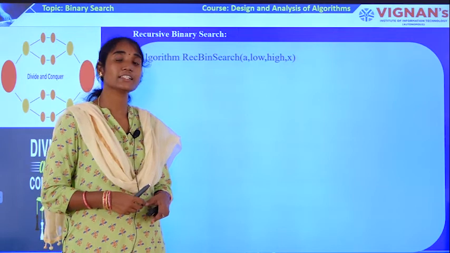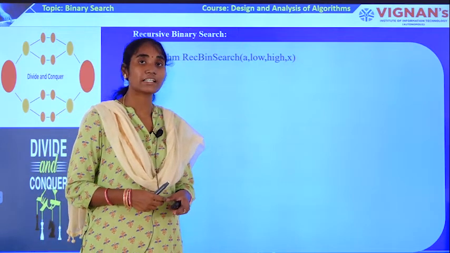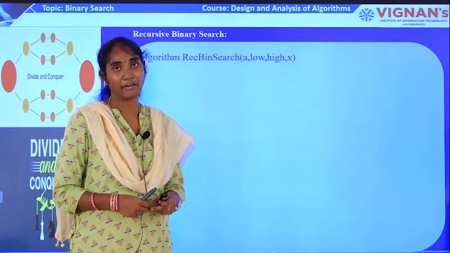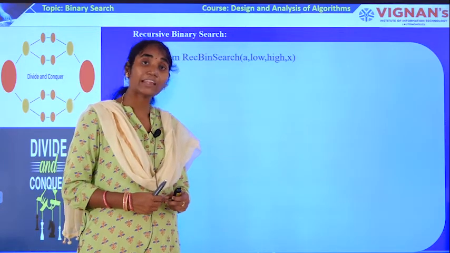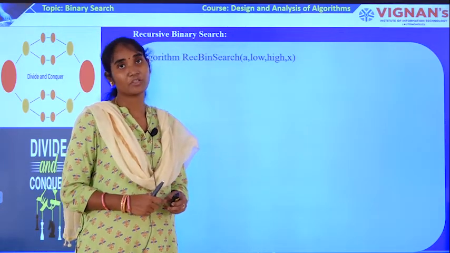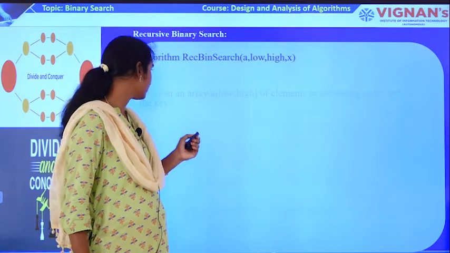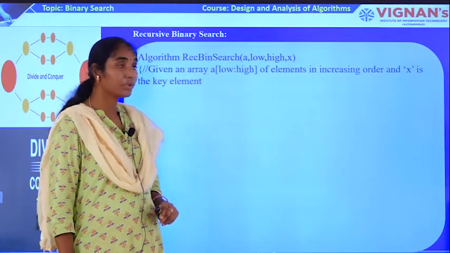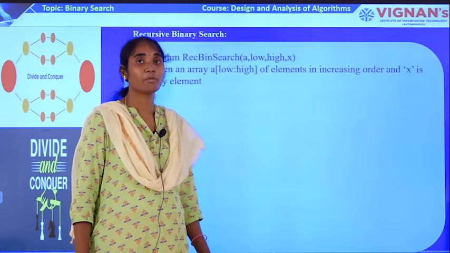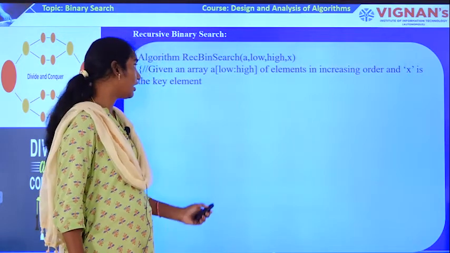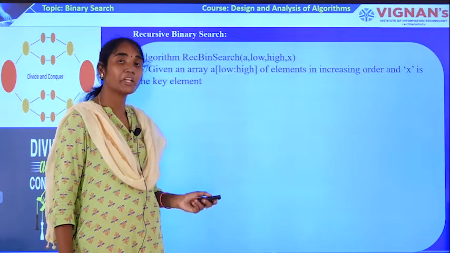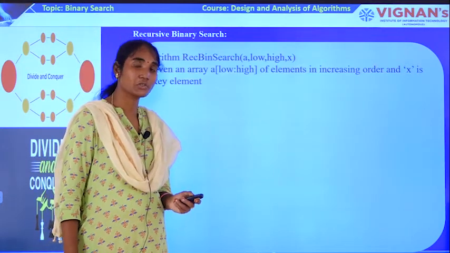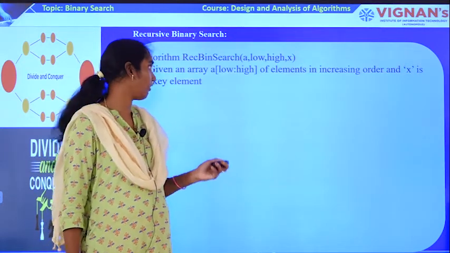A stands for the list of elements, low stands for the starting index of your array, high stands for the ending index of your array, and x is the key element which we are going to find out. The given array from low to high has elements in increasing order. As I said, the prerequisite for binary search is that the list should be in sorted order.